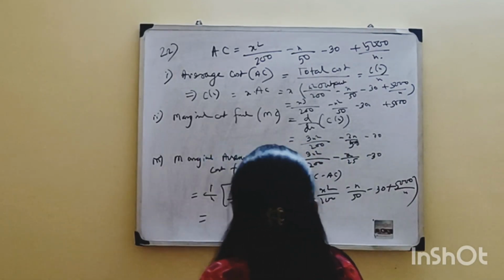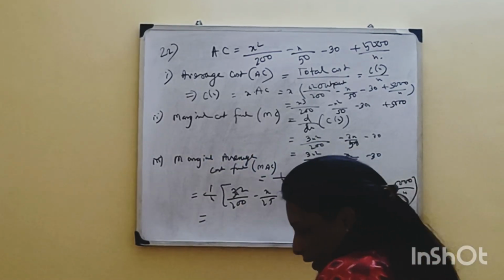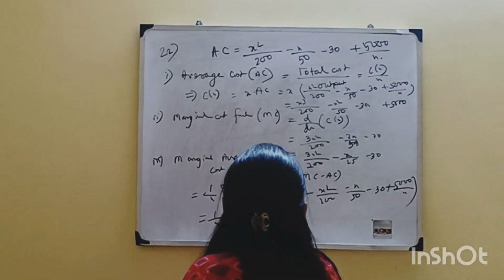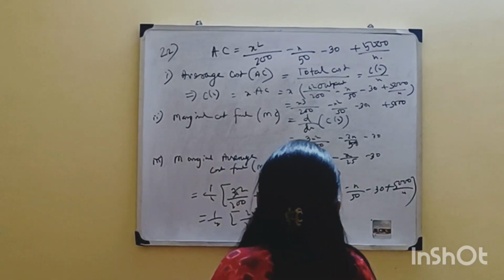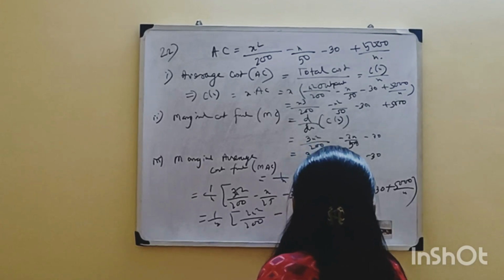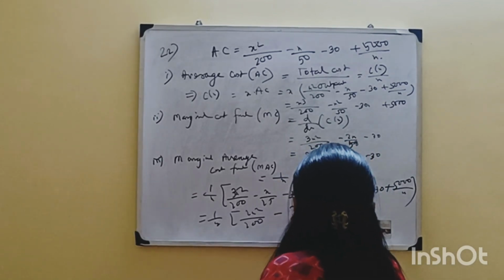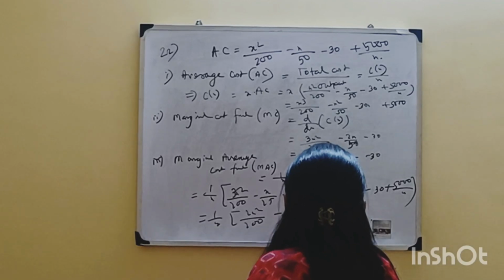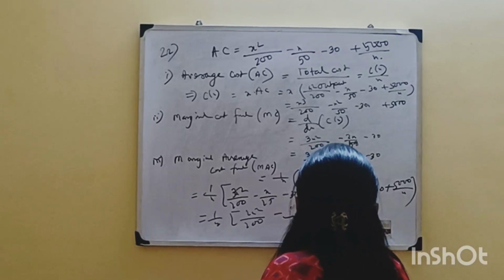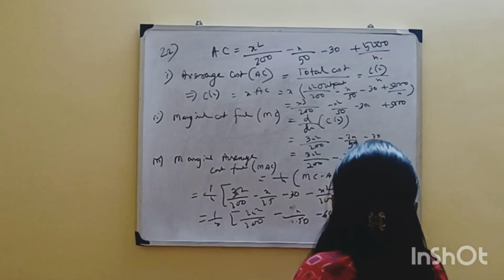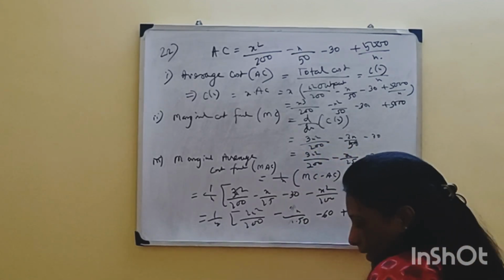So the value will be 1 by x, 2x squared by 200 minus x by 50 plus 5000 by x.